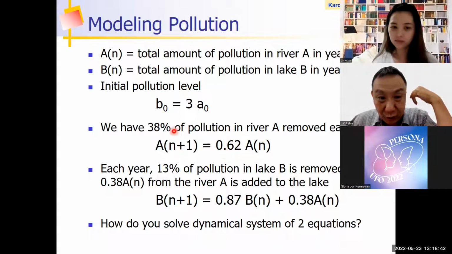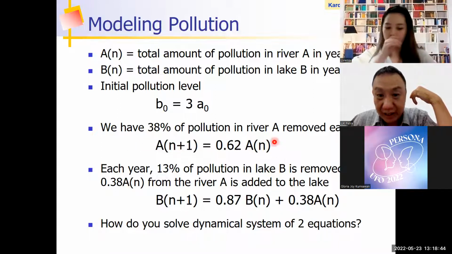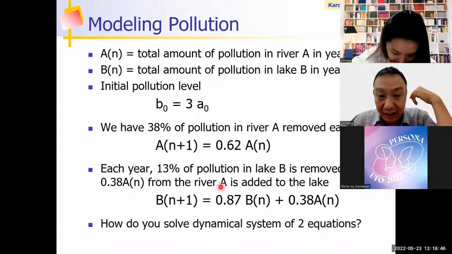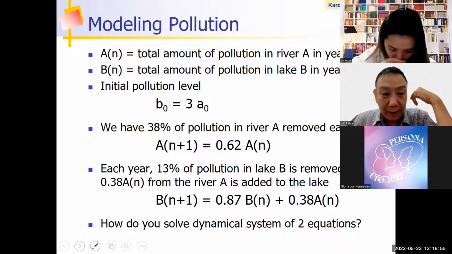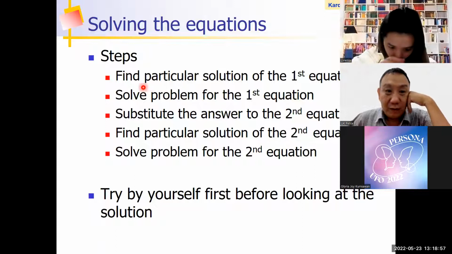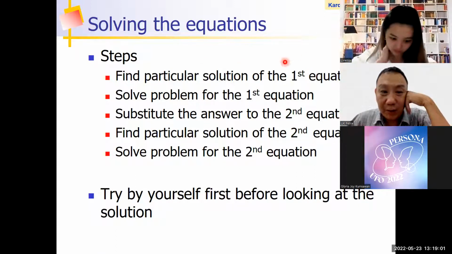Because this one does not contain B. Here you only contain A. The B contains A, but A does not contain B. So in that case, we solve A first. We solve the first equation, and then substitute that answer into the second equation, and then solve the second equation.